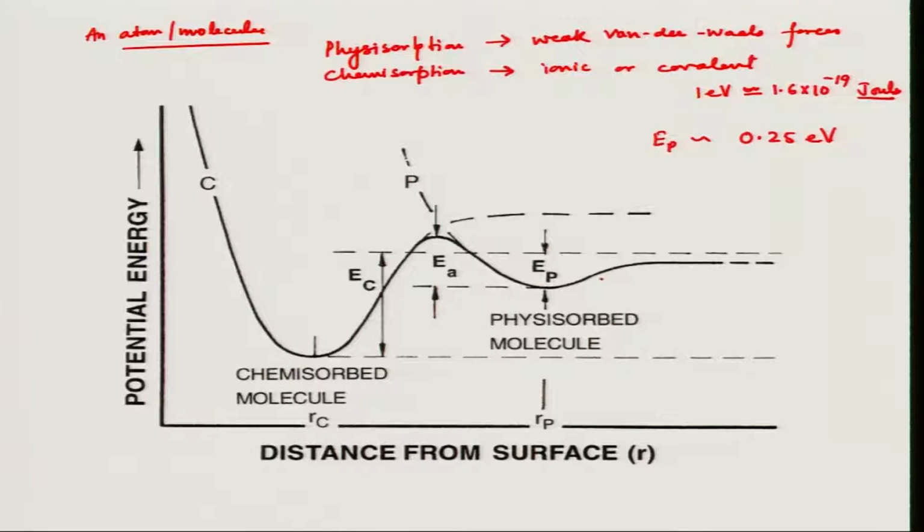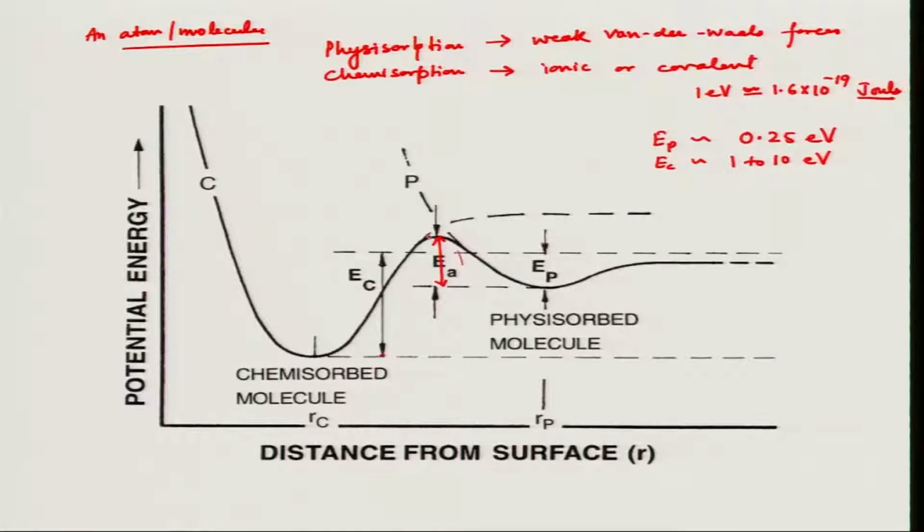And then if there is a reaction or bonding between the surface and the atom, it will get chemisorbed, and the energy of chemisorption is in the range of 1 to 10 electron volts. So, higher energy is required for the bonding, and in between this process needs some activation energy. To lower its energy further by chemisorption, it will need some activation energy. It can be provided either by substrate heating or some chemical reaction.